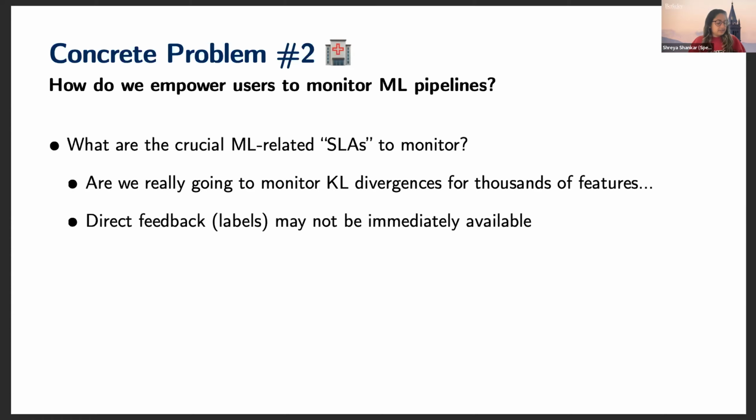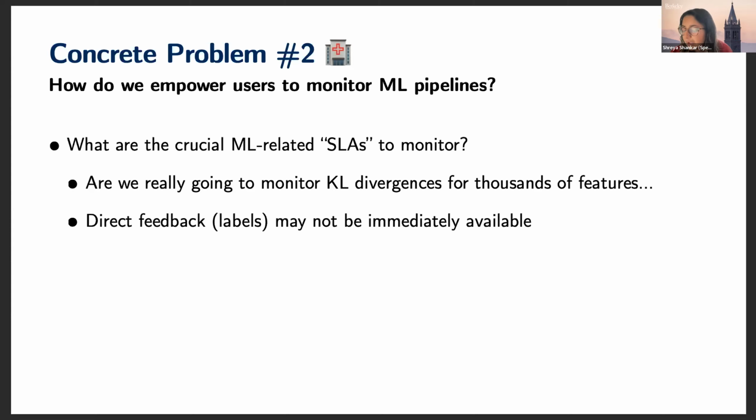And this is also complicated because direct feedback may not be immediately available. At my previous company, sometimes it would take months to get labels for some of the predictions we were making. That doesn't easily allow you to measure real-time performance.